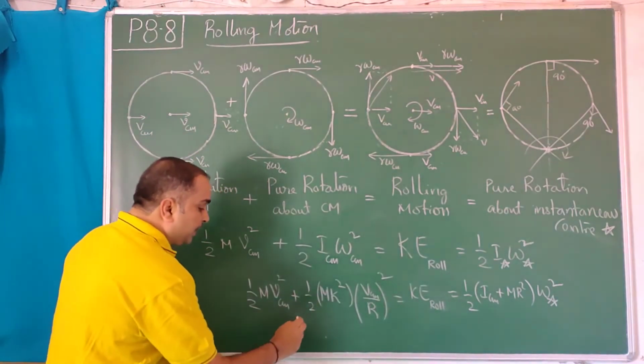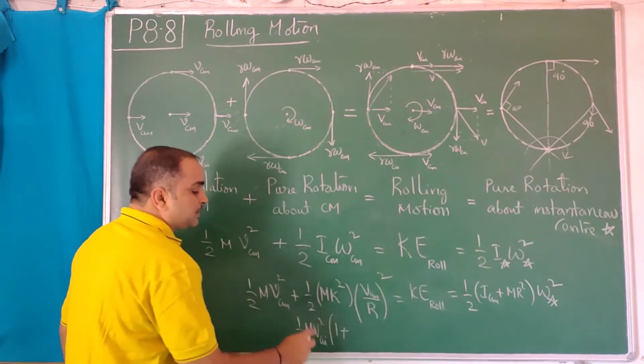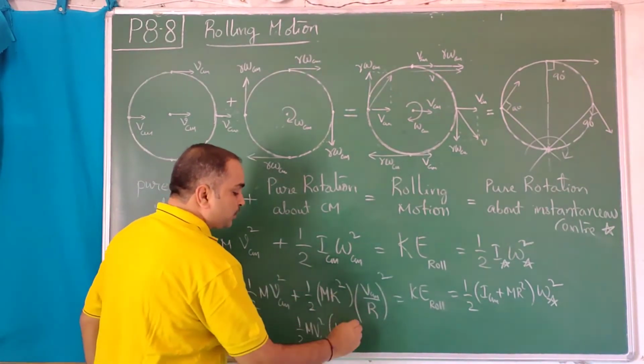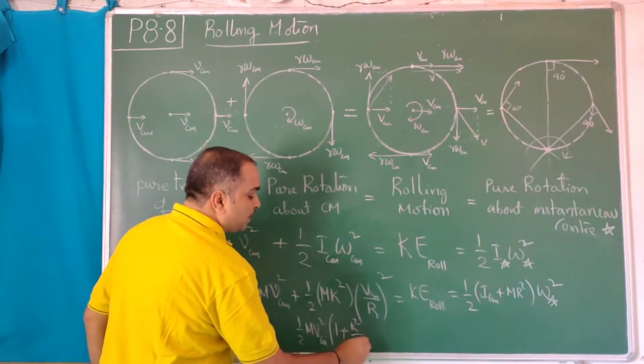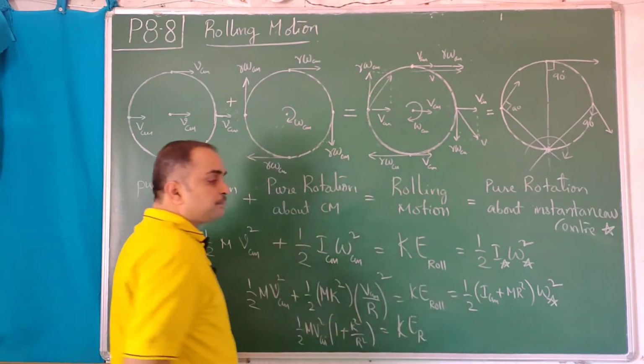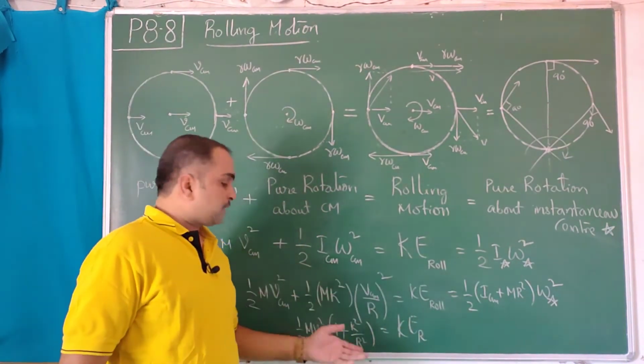Now you can take half m VCM square common: 1 plus k square by r square. This is equal to the kinetic energy of rolling. That mathematics we'll do later on, but it is not urgent now, the answers come the same.